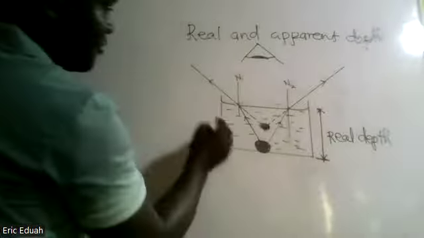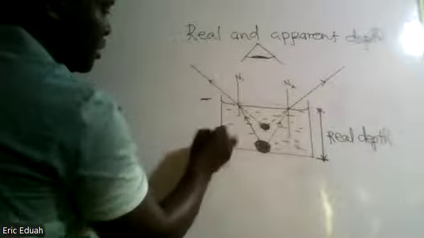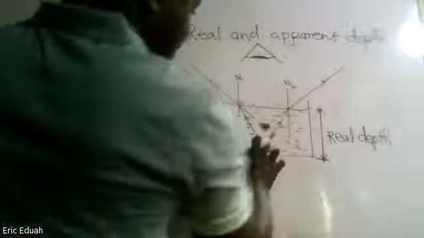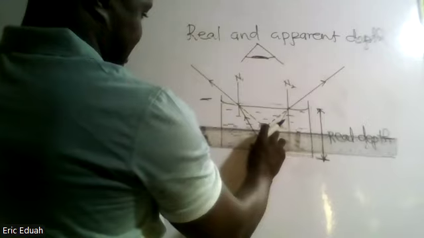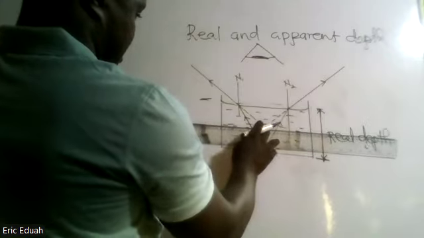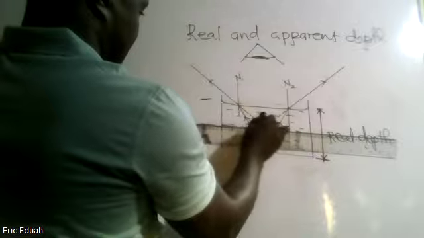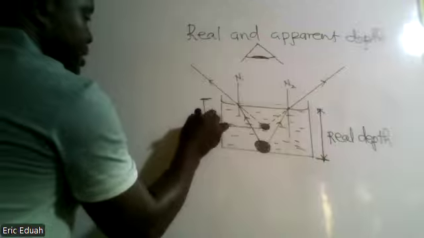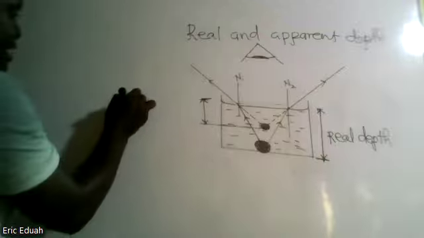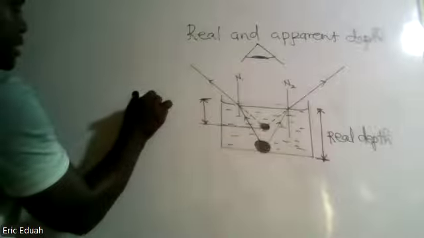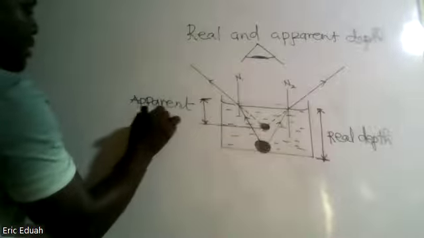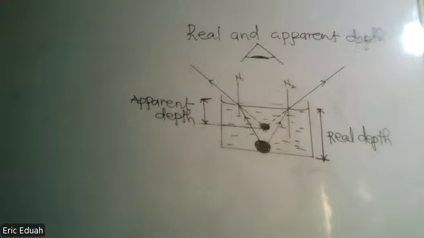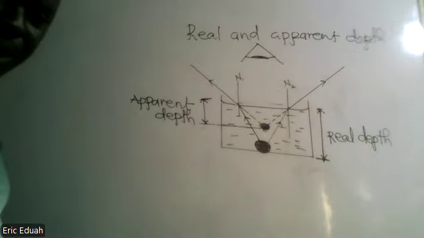Then the distance from the top to where the image of this object within the water is, this distance is the apparent depth. So that's the concept of real depth and apparent depth.